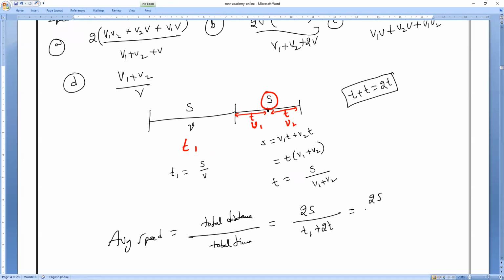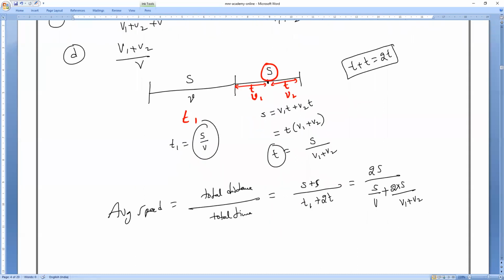So 2s divided by t1 plus 2t. What is the t1 value? s by v. And the t value is s divided by v1 plus v2.